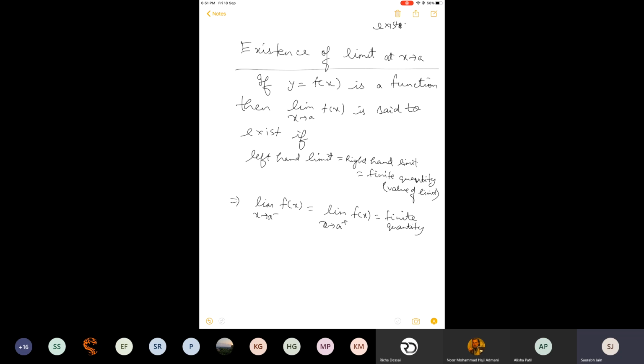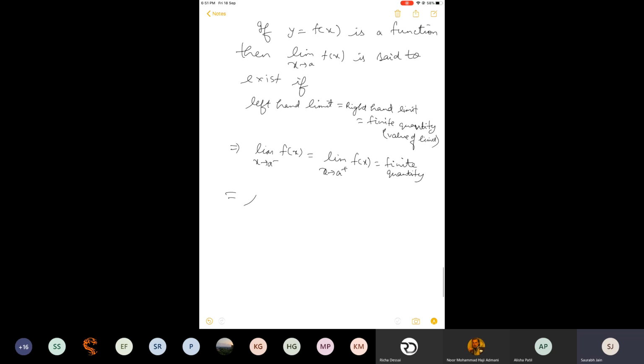And finally, last, we are going to introduce a quantity called h. Let me write it first. And this is what we are going to use in proving the question. Is equal to finite quantity.